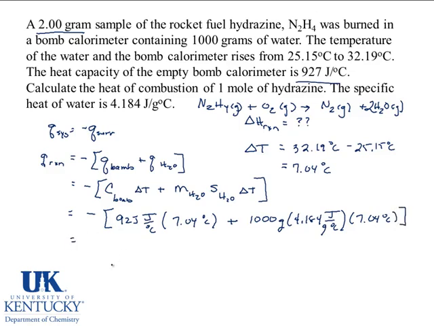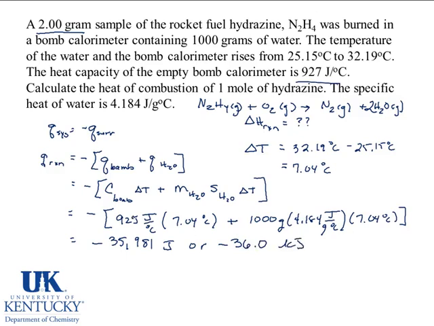So if we multiply all that information out, what we will obtain is that this is equal to a negative 35,981 joules. Or to 3 significant figures, which is all we can really know this, that would be a negative 36.0 kilojoules.